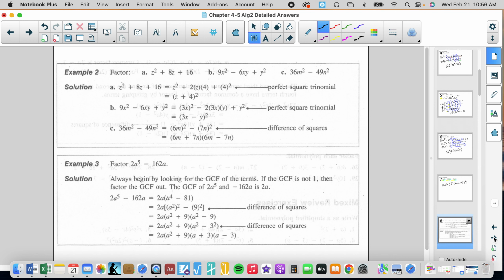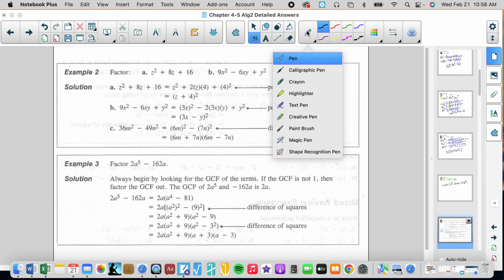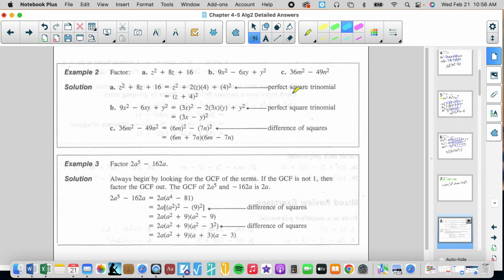So in example 2, what are the characteristics? Some of the characteristics that I will show you in the perfect square trinomials, that's A and B, is notice that every perfect square trinomial, or binomial square, because it creates a binomial squared, has a second term positive.